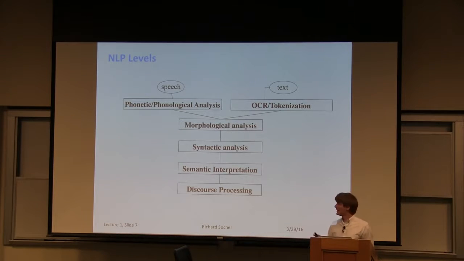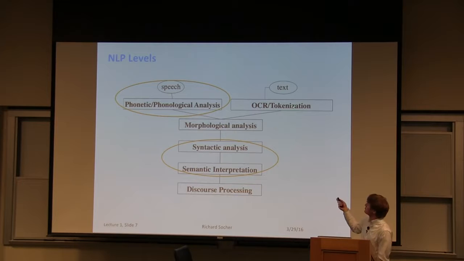Now in this class, we will not do much of OCR and simple things like tokenization. We will not focus on that. We usually will assume we have some speech, but really the major focus will be on syntactic and semantic interpretation. And in some ways, what you will notice is we might actually sometimes go directly from here's a word or a list of words to what does that list of words actually mean.